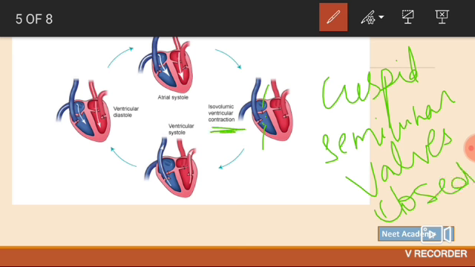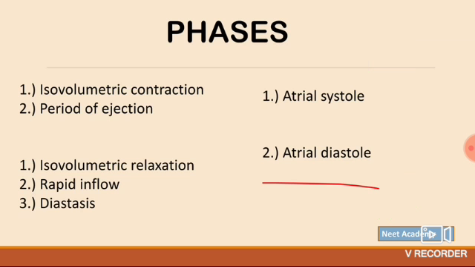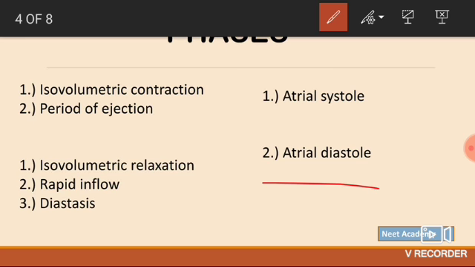isovolumetric ventricular contraction. When we see the next phase, the period of ejection, this is actually the phase of ventricular systole. In this phase there is ejection of blood. Whenever there is ventricular systole, there are two things. First is isovolumetric contraction. This is when both the valves are closed, but still the ventricle starts contracting and the pressure builds up.